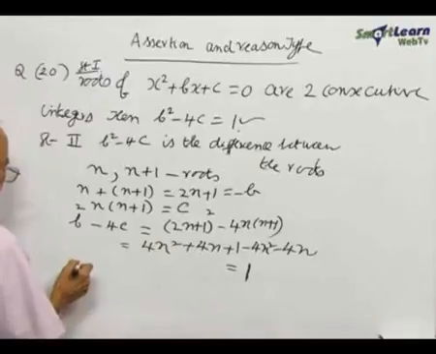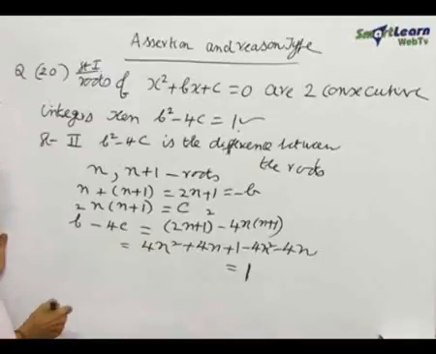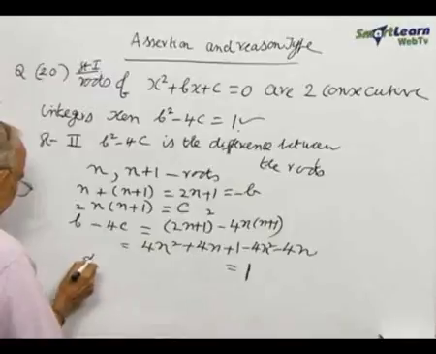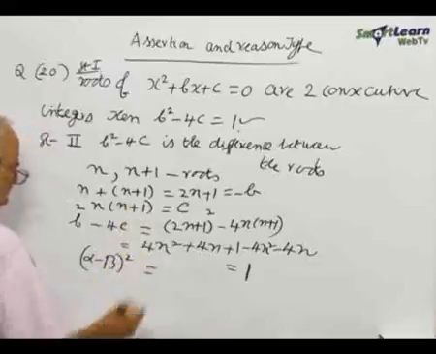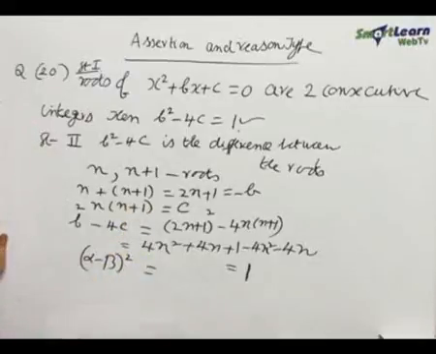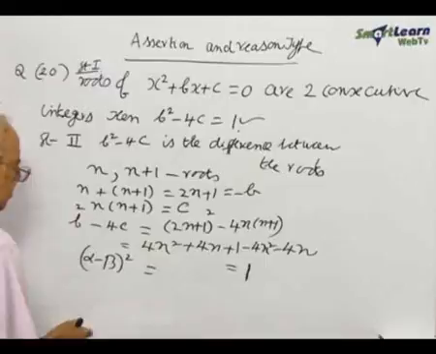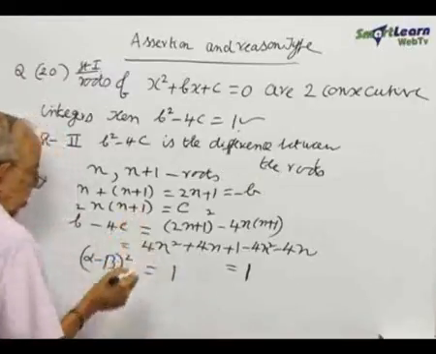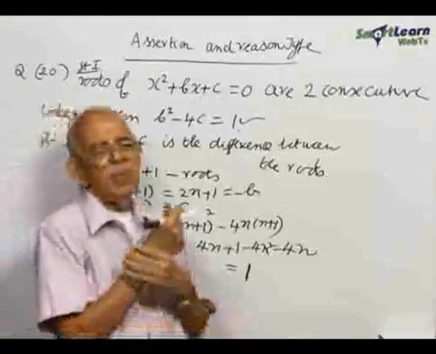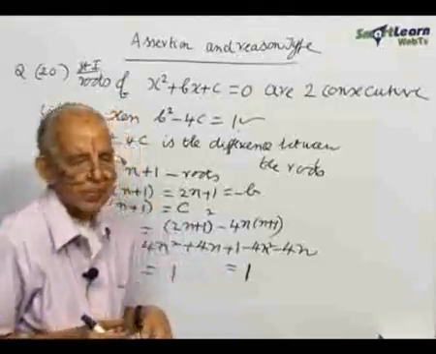Now, the difference between the roots, (alpha minus beta) whole square, that will be (alpha plus beta) whole square minus 4 alpha beta, that will give you 1. So, the square of the difference between the roots is 1.